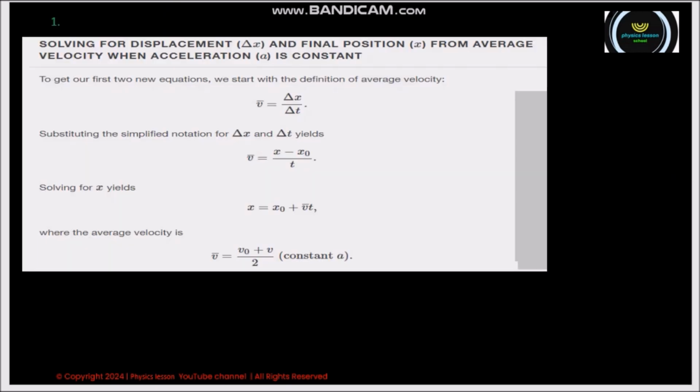Now let us solve the first equation together. To get the first new equation, you know that the average velocity, don't forget this important formula, this v, is given by the change in x, the displacement, divided by the change in time.